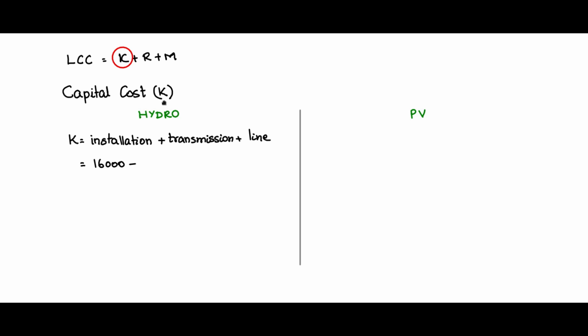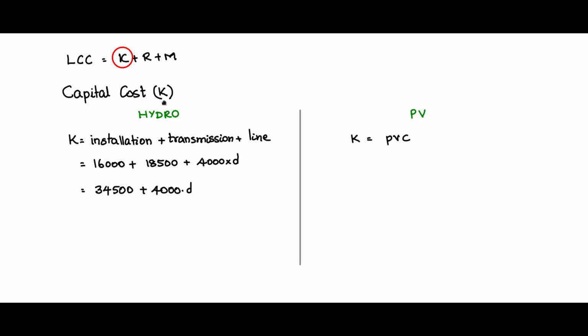So we saw that it is 16,000 rupees for installation, 18,500 rupees for transmission and distribution, and 4,000 per kilometer into D, where D is the distance between the micro-hydel plant and the community. So we land up with 34,500 plus 4,000 D.